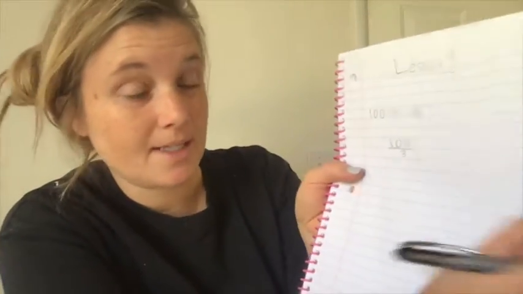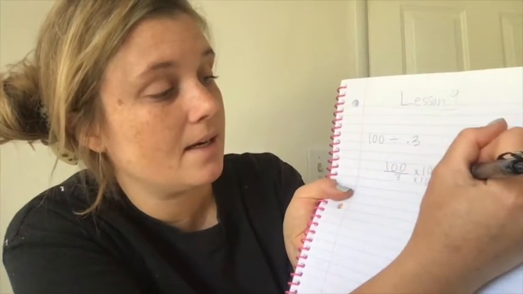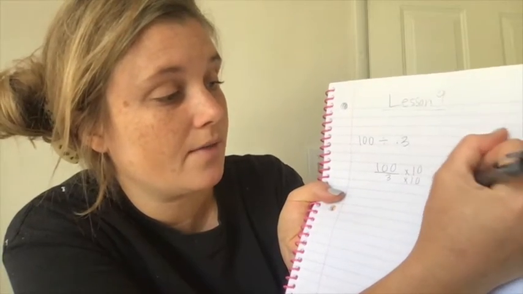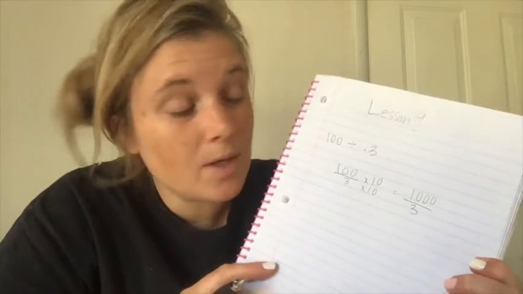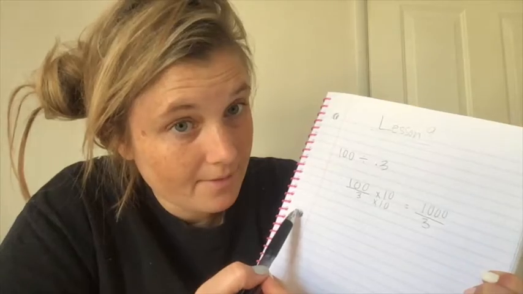You multiply by 10, right? Times by 10, times by 10, and then you get 1,000 divided by 3. Why do we do that? We do that so that this number isn't a decimal anymore. Is that right? Okay, so let's listen to this problem that we have.